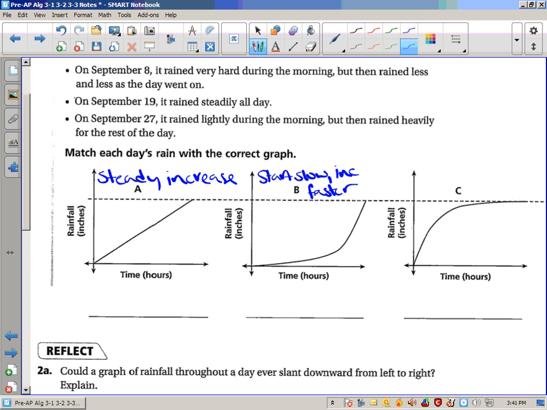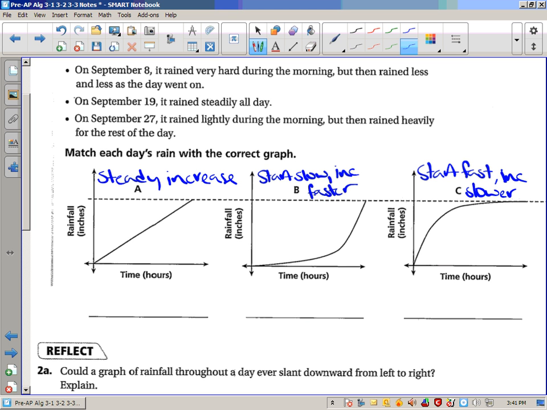Graph C, we start out with the rain gauge filling up quickly, so start fast. And then the rain gauge is still filling up, just not as quickly. So then we increase slower, or more slowly, however you want to say it.